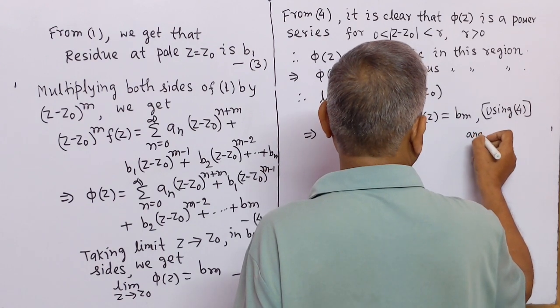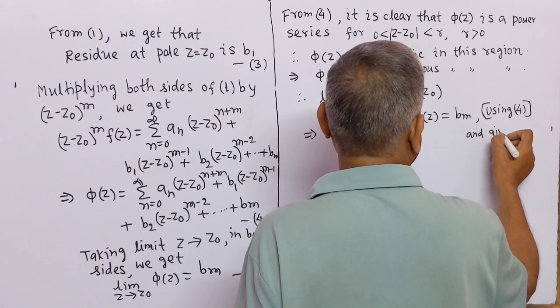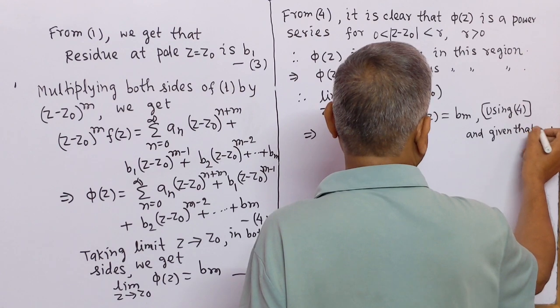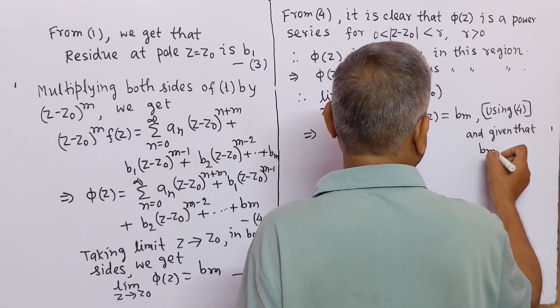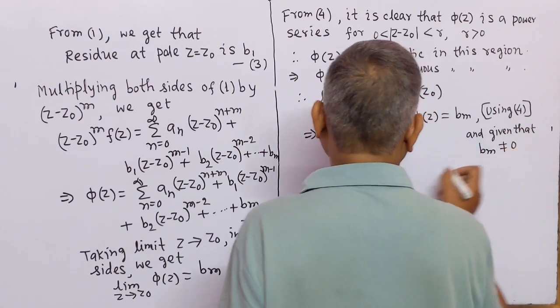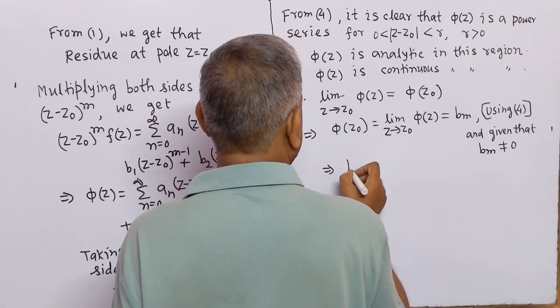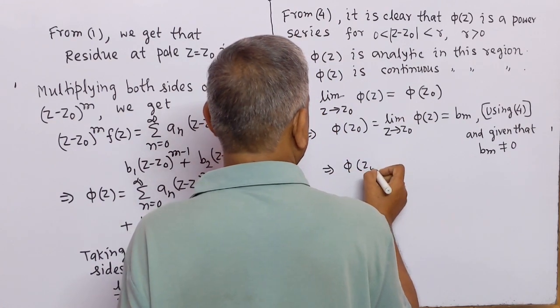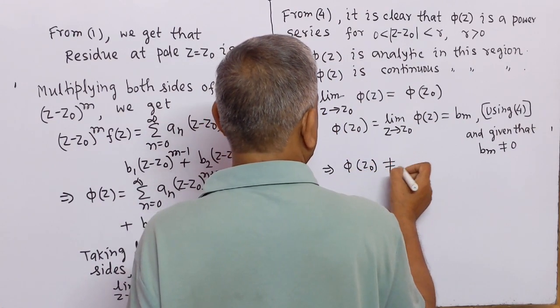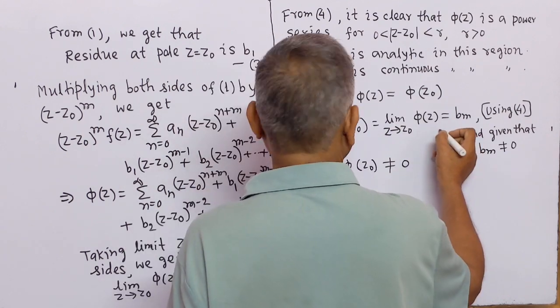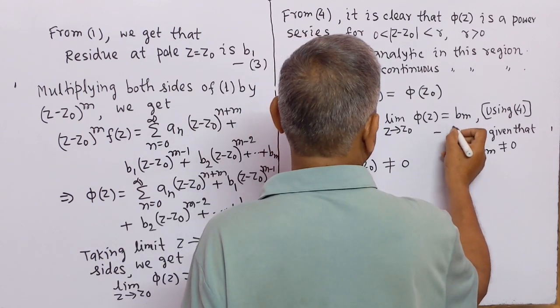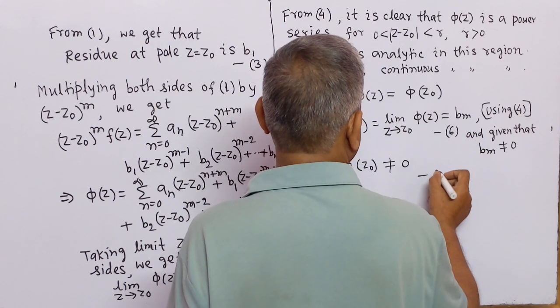And given that bm is not equal to 0, this implies that phi(z naught) is not equal to 0. This is number 6. This is number 7.